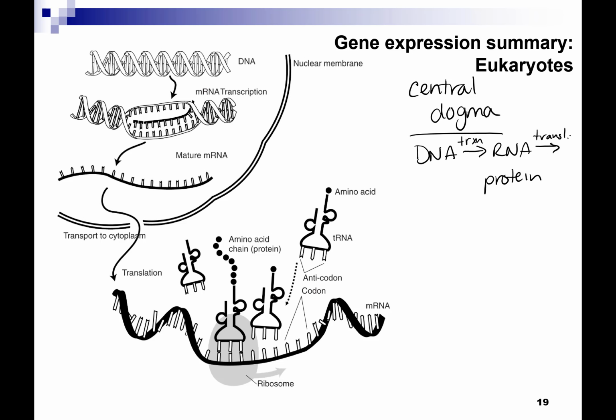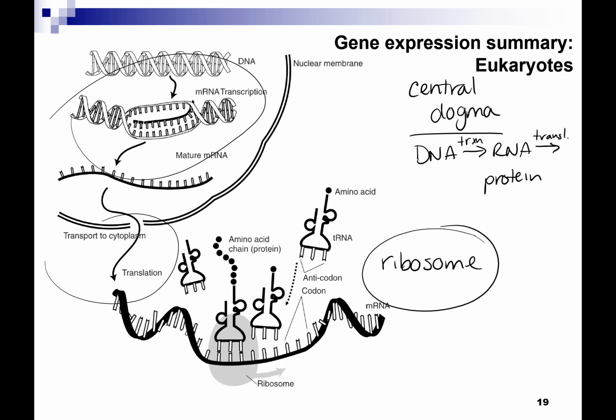Hopefully you can see some differences, such as transcription is happening where? In the nucleus. Translation is happening in the cytoplasm or on the rough ER. And remember, we have a ribosome that's actually doing all of this. You've got tRNAs and mRNAs, and in the ribosome you have rRNAs.